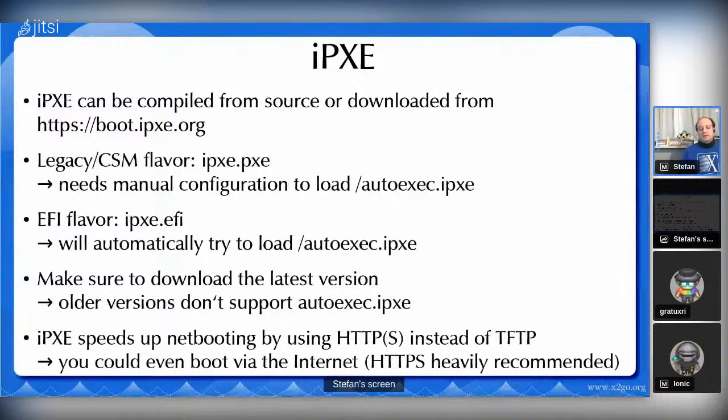The EFI flavor is called iPXE.EFI, and it will load the default configuration file automatically. So no additional configuration is needed for that. Do make sure you get the latest version from boot.ipxe.org, because older versions do not support loading a default config automatically.